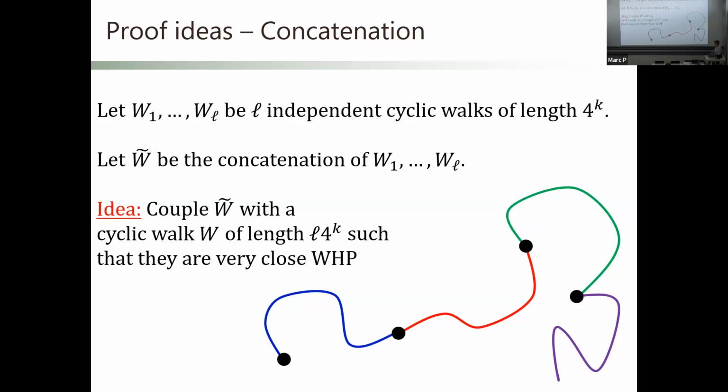Hopefully at that one you can couple the future so that it's independent. Maybe that fails again, but the number of trials you have to do is small. So the total error in this coupling will be something like the total length to the power of epsilon, something very small. So it really will look like a sum of independent segments of cyclic walk, which is like a sum of IID random variables.